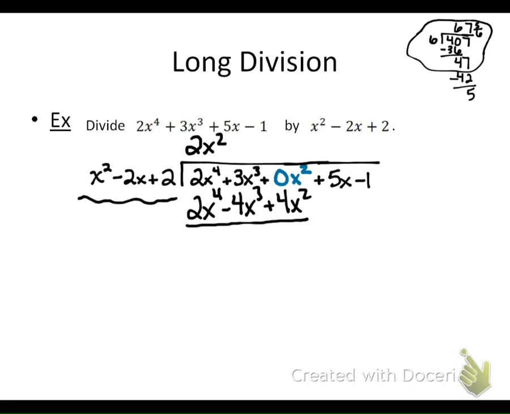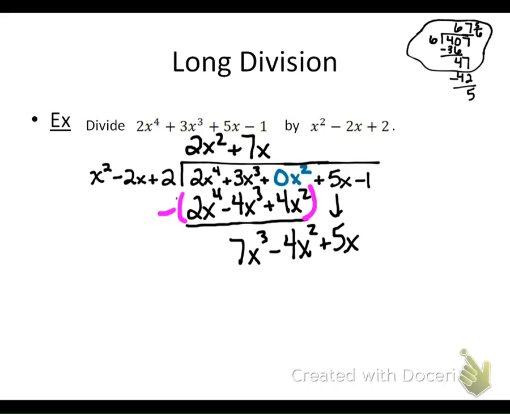But I need to remember from before, after I multiply, I then subtracted. So I will subtract this entire polynomial, and I'll bring down the next term. I ask myself what times x squared will get me to 7x cubed. 7x.